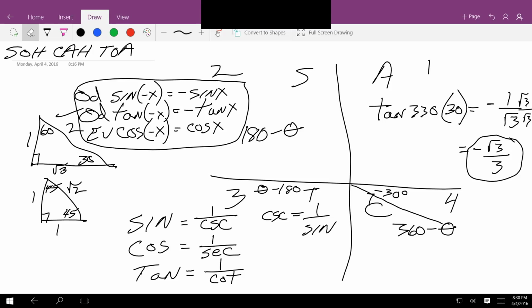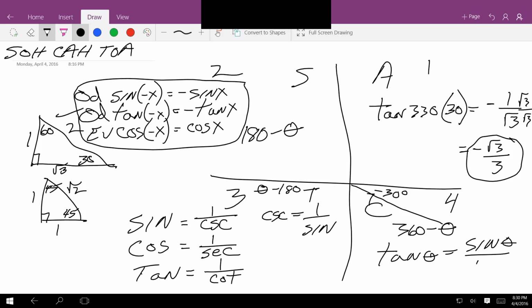All right. So I'm confused. When would I use the formula tangent of theta equals sine of theta over cosine of theta? Well, yeah, you're talking about the quotient identity. Tan of theta equals sine over cosine.